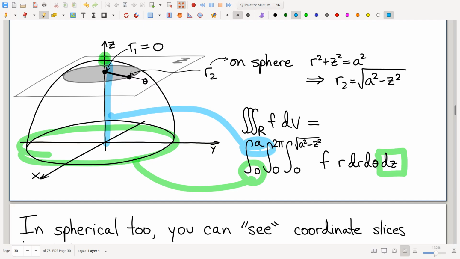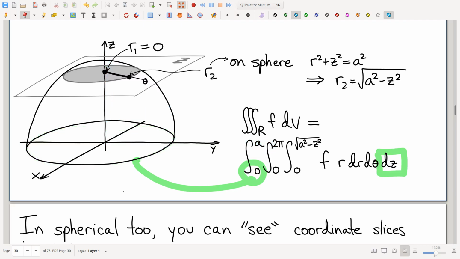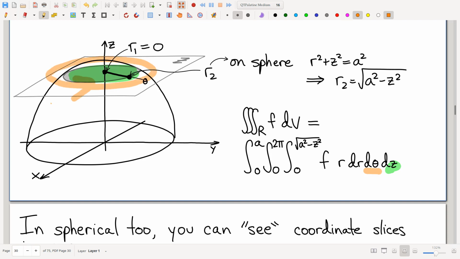So A. Then we fix a Z. And we keep going. What does theta do on that Z slice? Well, it surrounds the Z axis, so I say it goes all the way around. All the way around means 0 to 2 pi. Is everybody still with me?